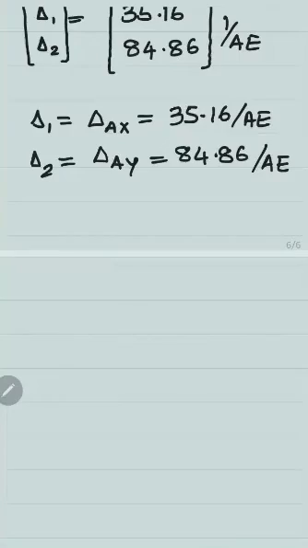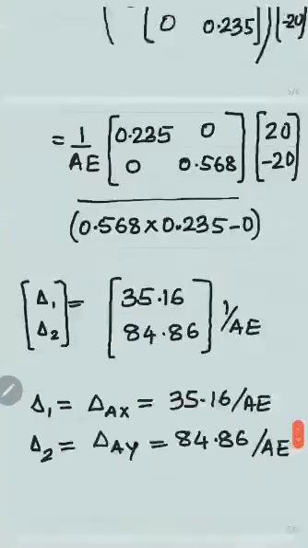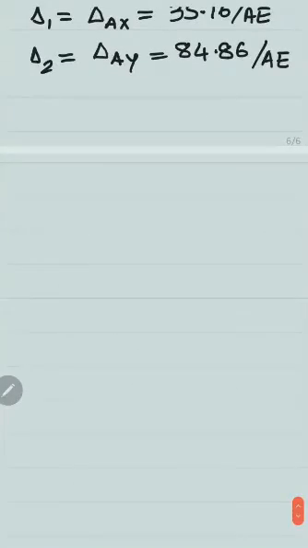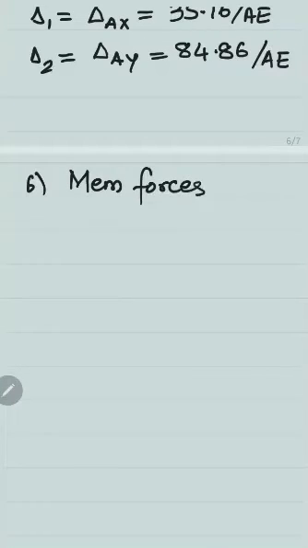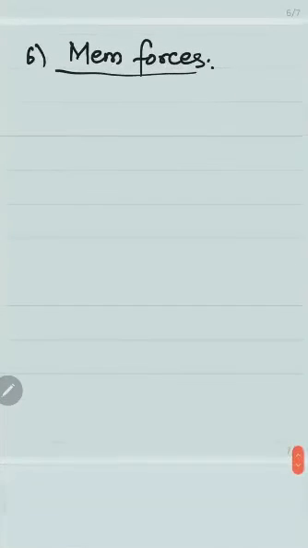After getting these unknown displacements, you can directly calculate the member forces. Next step, member forces. For the members you have FAB, FAC, FAD. So FAB will be, what is the equation?